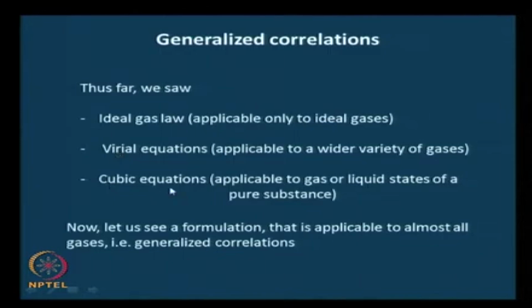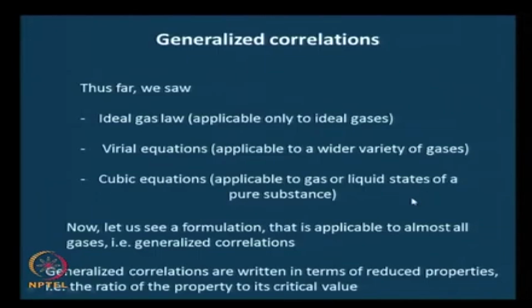Then cubic equations could do both gas and liquid, and the generalized formulation could do a larger variety of gases with lower input. Essentially the data that you need is only the critical constants. You do not need pure substance specific constants. That is the advantage while using generalized correlations, as we had seen. We will see that again here.